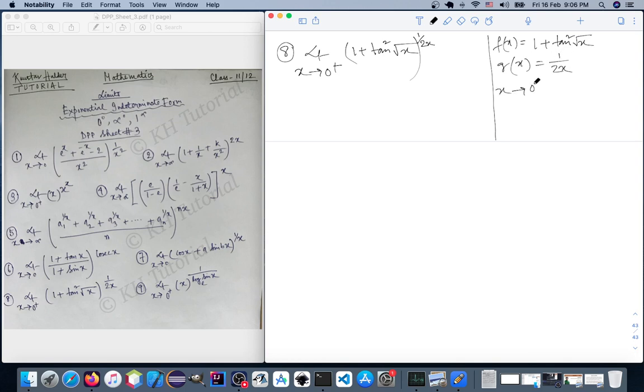X tending to 0 positive implies root x tending to 0 positive, which implies tan root x tends to 0 positive.